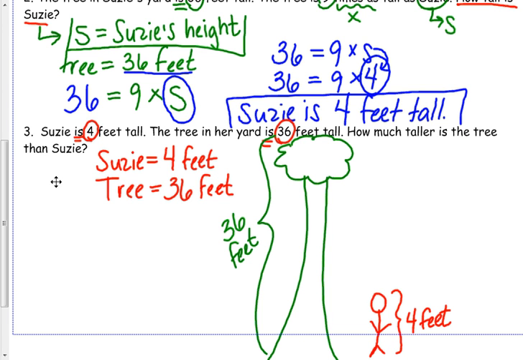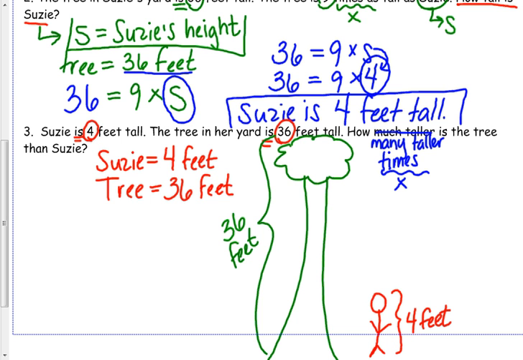So we need to decide how many 4s, how much taller is the tree than Susie. And this should say how many times taller. And that times now is telling me that we're going to have to multiply.